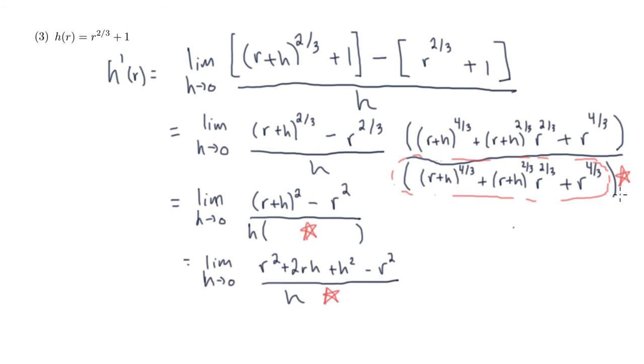Okay, and now notice the r squareds will cancel, and I'm left with 2rh plus h squared, and so actually a factor of h will cancel. And so what am I left with?